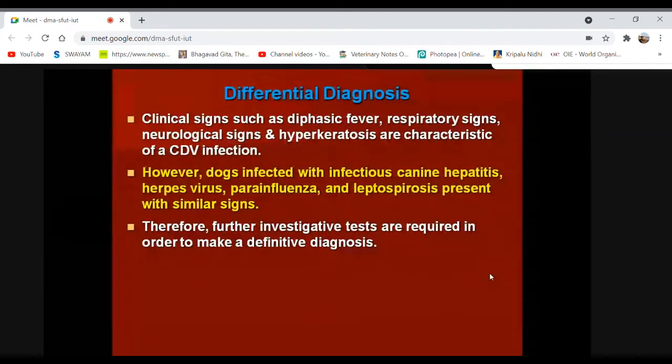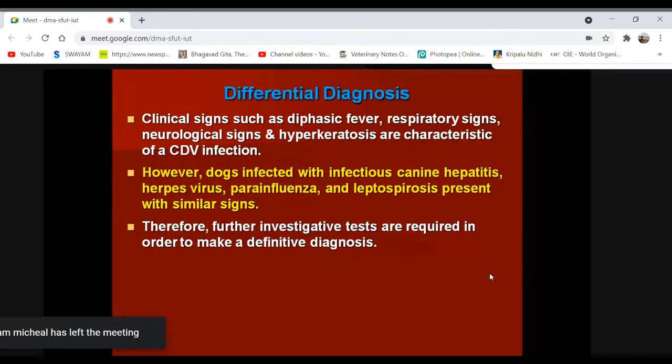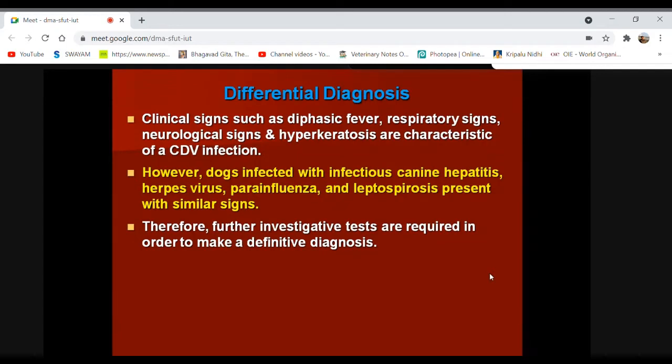So far as differential diagnosis is concerned, as we have already discussed, the clinical signs are very typical: diphasic fever with respiratory signs and neurological signs, and hyperkeratosis of the nose and footpad are very characteristic of this disease. That should always be in your mind.